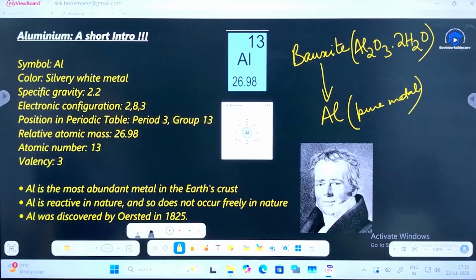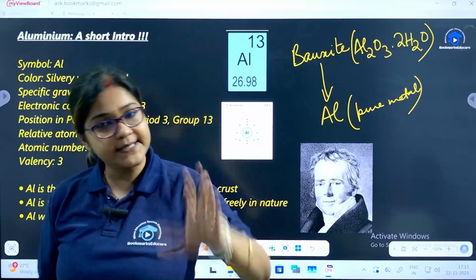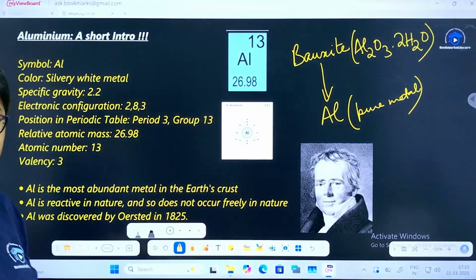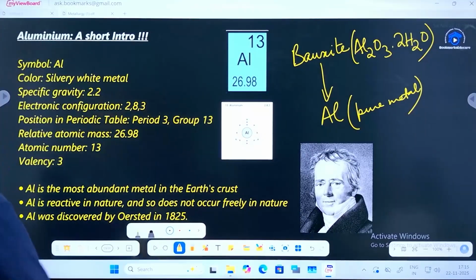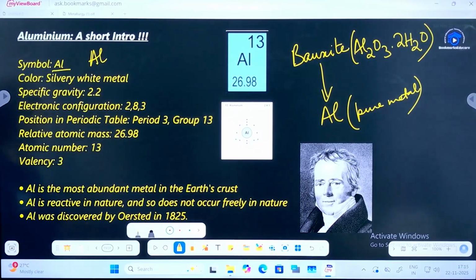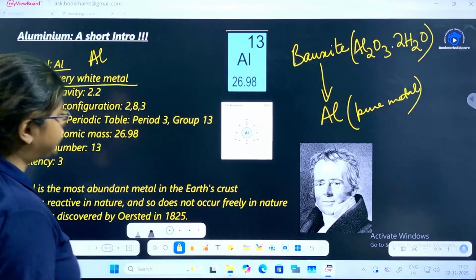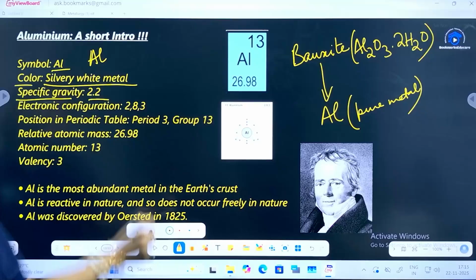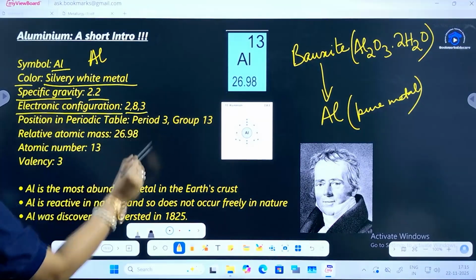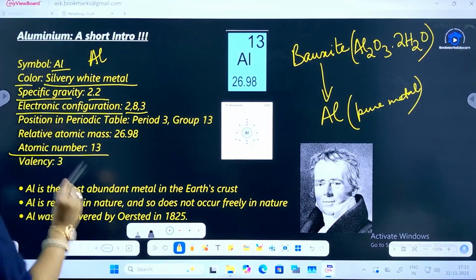Now before diving into the process, everything has an introduction. Similarly, let us know who aluminium is. Aluminium has the symbol Al. Its color is a silvery white metal. Its specific gravity is 2.7. Its electronic configuration is 2,8,3 because its atomic number is 13.